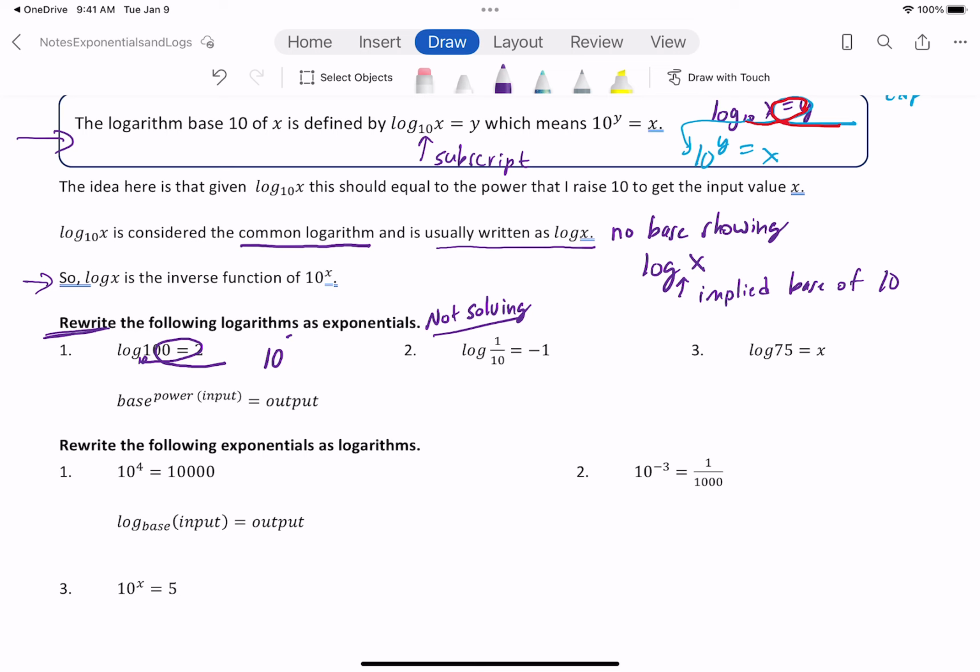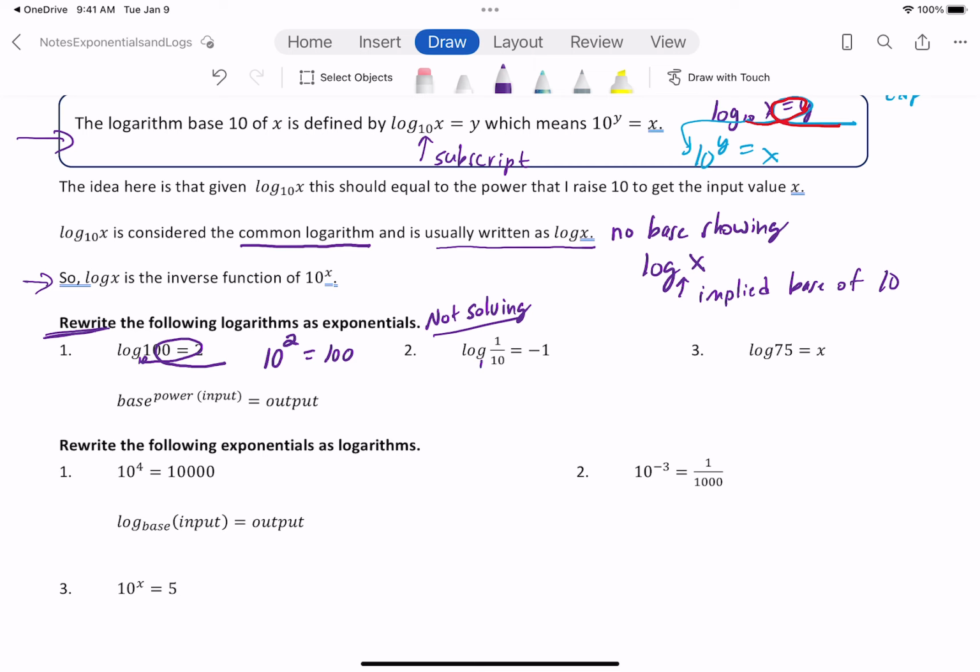It's going to raise to the second power equals 100. And notice that that is a correct statement. 10 squared does equal 100. So that lets you know that you've rewritten these correctly, because we got a true statement. Okay?